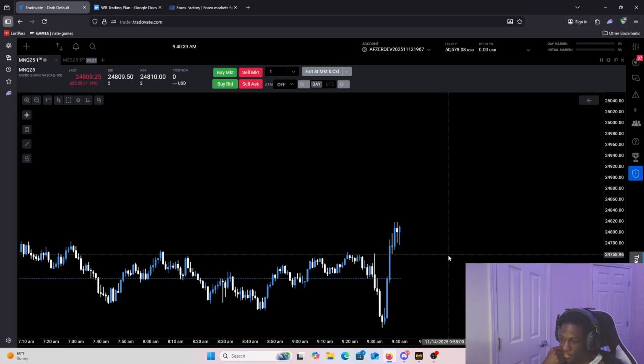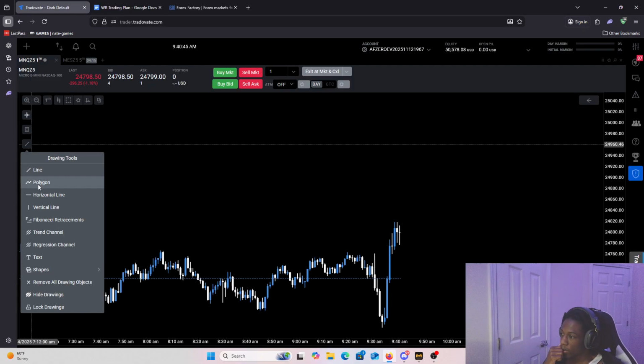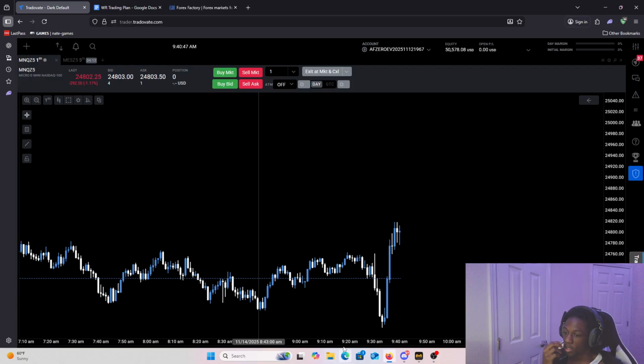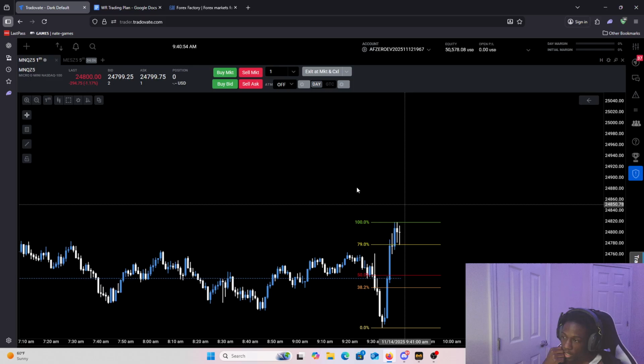It created this 5-minute fair value gap, so I can wait for it to target into there or wait for price to drop into equilibrium, whichever one comes first.